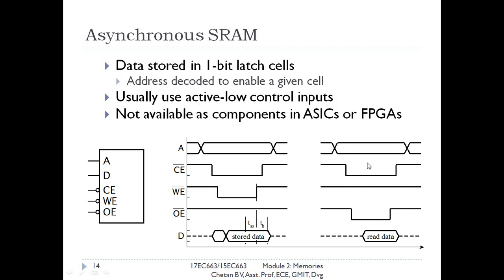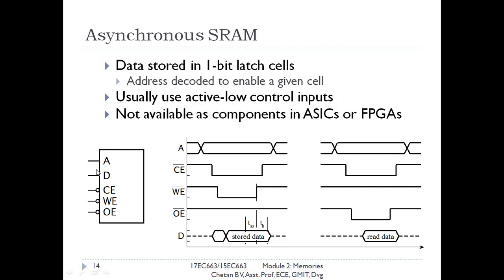Coming to the read operation, the only difference is we have to make write enable high. As we are performing read operation, write enable, which is an active low signal, should be made 1. Output enable should be made 0.